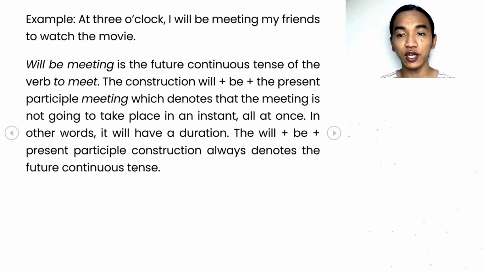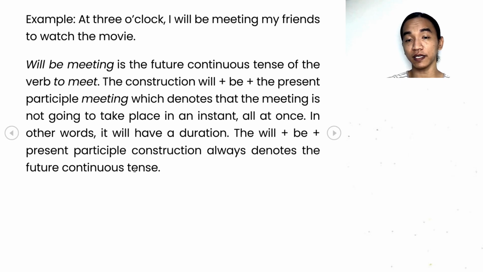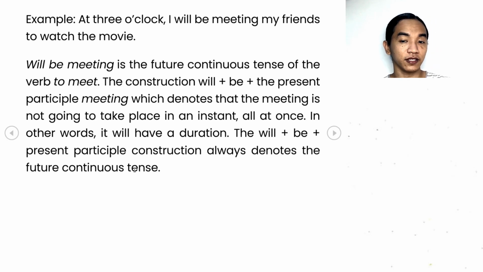So the construction will be plus the present participle meeting, which denotes that the meeting is not going to take place in an instant, all at once. In other words, it will have a duration, it will continue. So the will be plus present participle construction always denotes the future continuous tense.